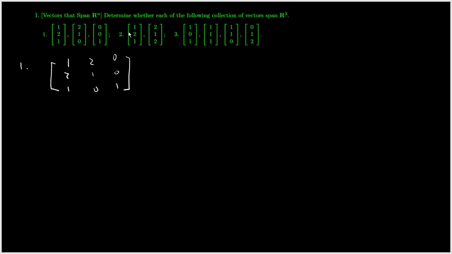I want you to try to perform elementary row operations for a little while. I believe this one is not too hard at all. Make the matrix row reduced echelon form, and then you can tell me the answer after you're done. I'm going to give you 3 minutes to try that.